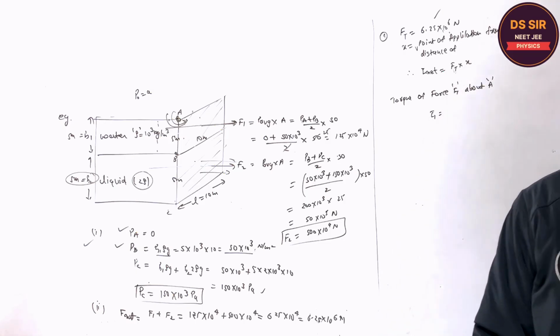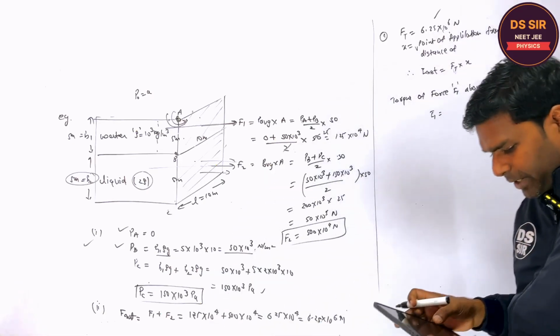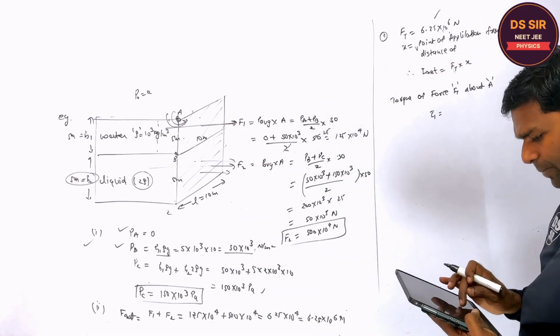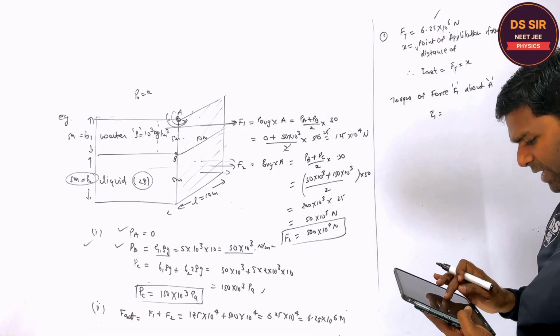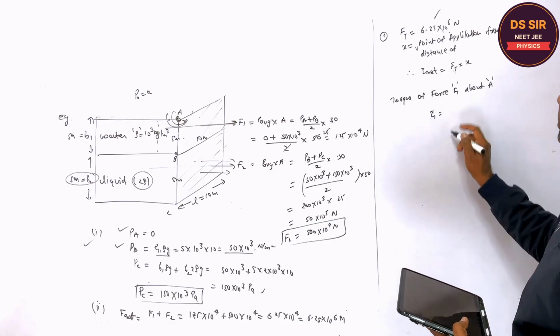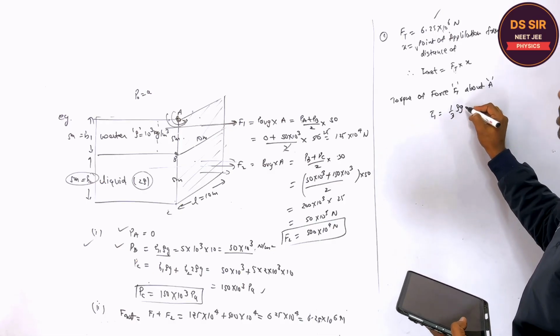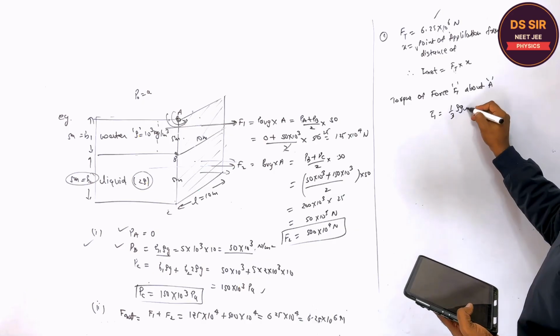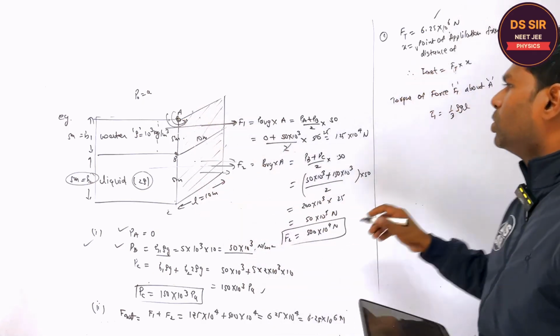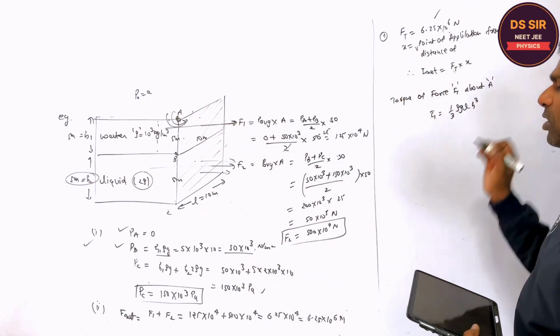We calculated this in the previous questions, and it is 1 upon 3 rho g L into h cube. Is it clear or not?